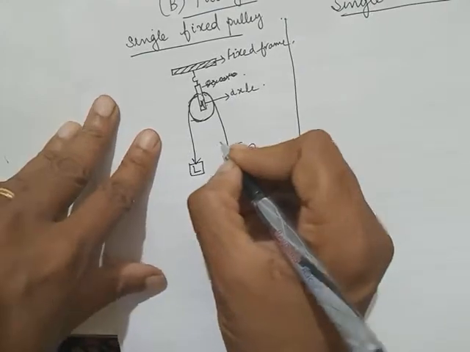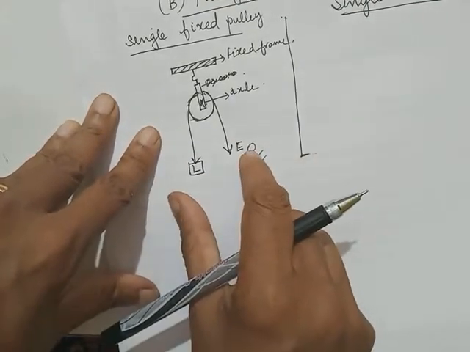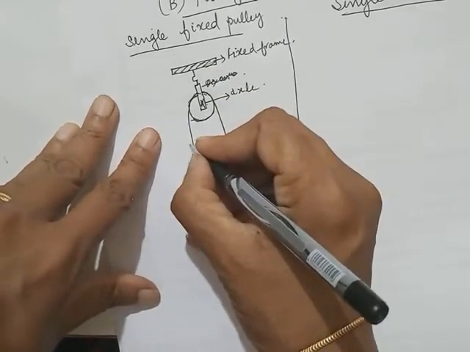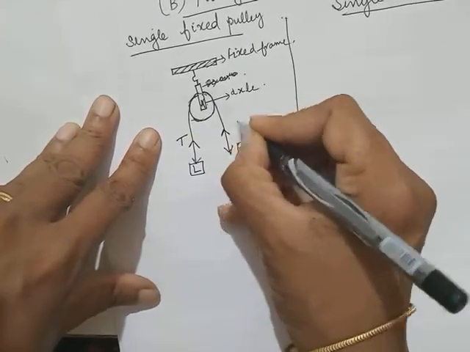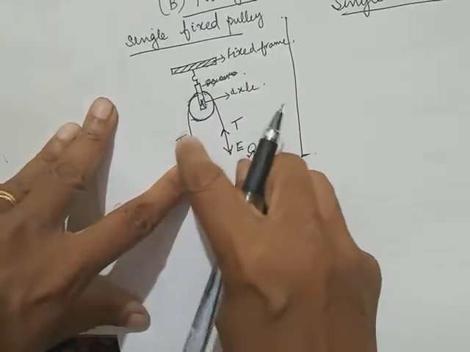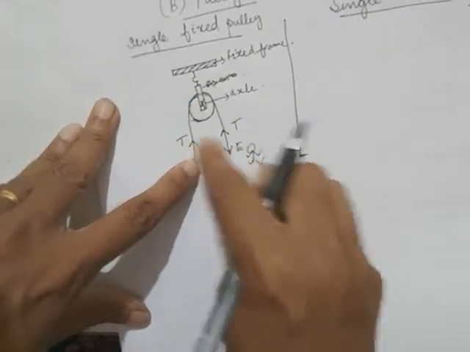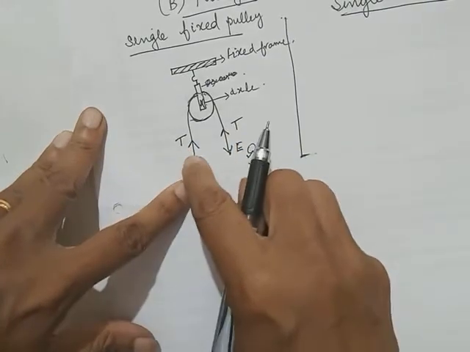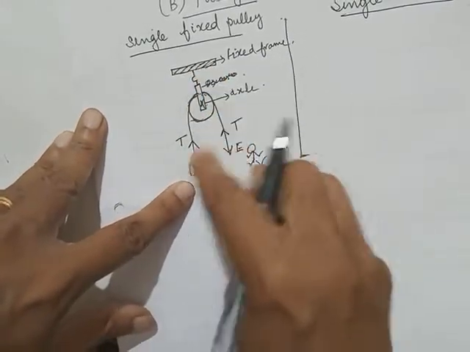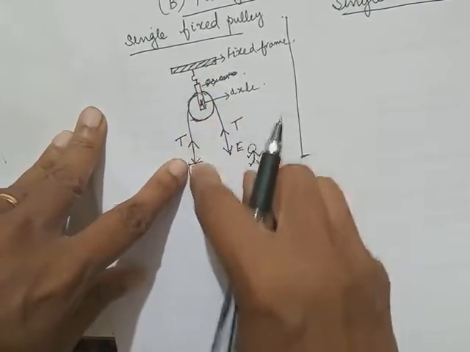Now, to understand how it works, you have to mark that there is a tension T that acts on this string, and there is a tension T that acts on this string. There are two parts of string. So the same string, but here there are two parts.